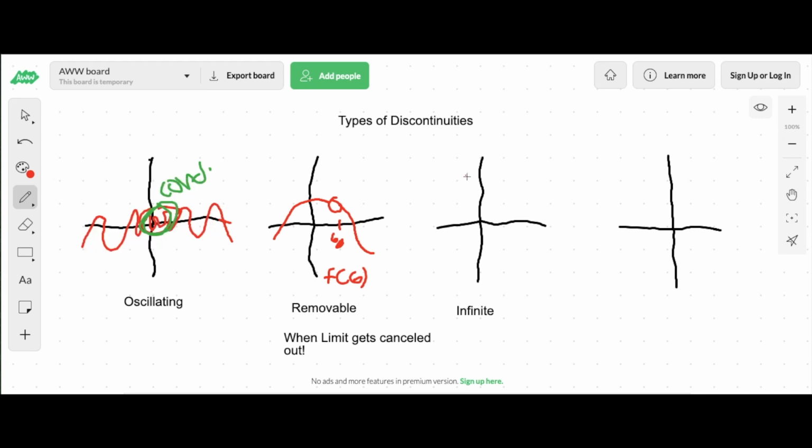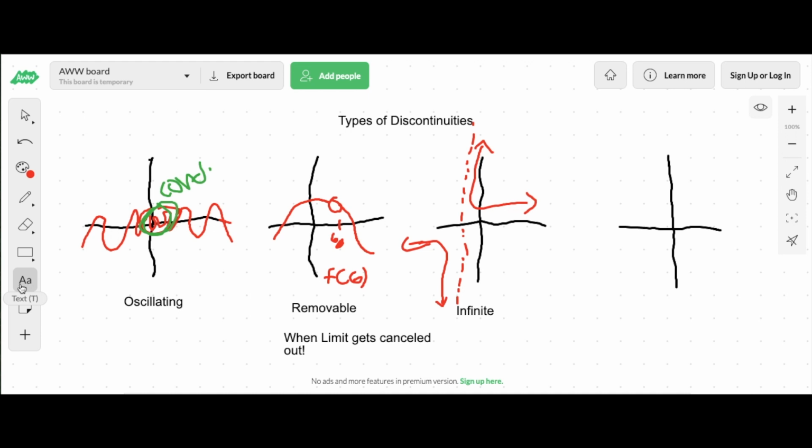Say we had a random asymptote right here, and say we have a graph like this. This would be an infinite discontinuity. Whenever there's a vertical asymptote involved, typically assume that it's an infinite discontinuity. And like I said previously, they can be solved by setting the denominator equal to 0.